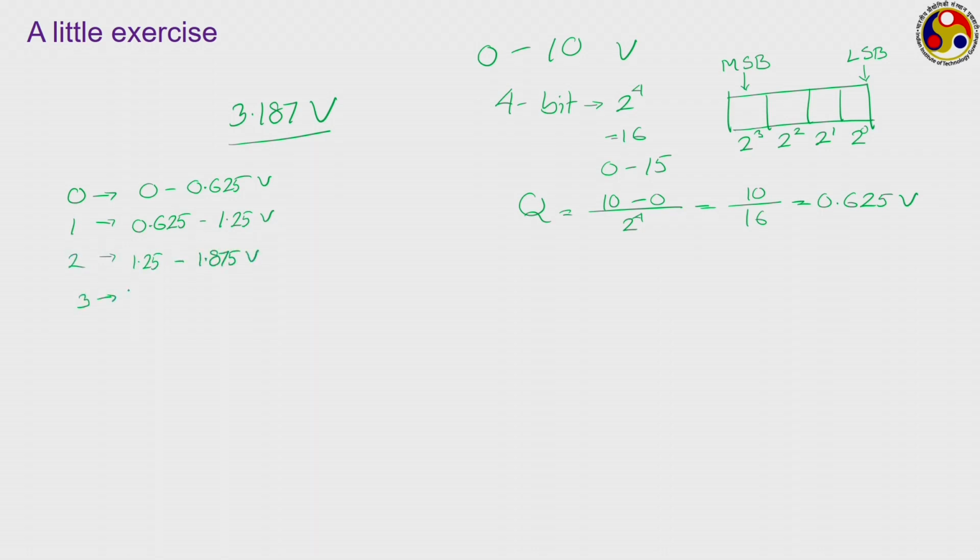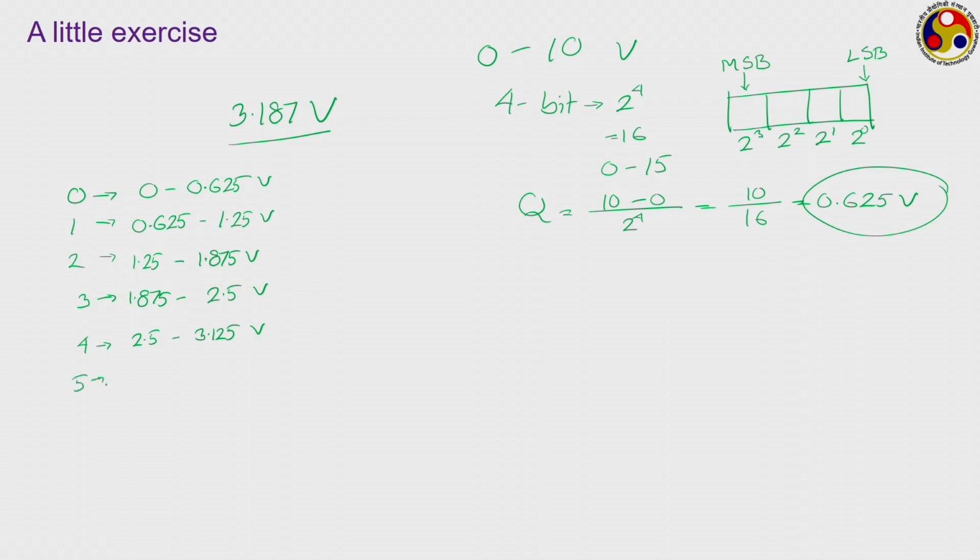Then level 3 should be 1.875 to 2.5 volt. Level 4 should be 2.5 to 3.125 volt. Note, each of them has a width of 0.625 volt. So starting from 0, we just keep on adding this 0.625, and we can identify the starting and finishing point of each of these levels.